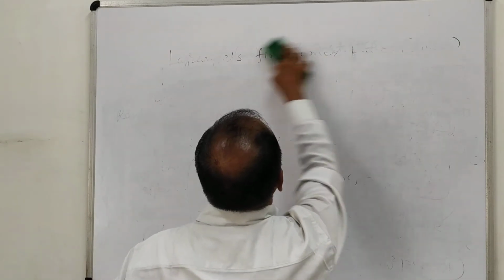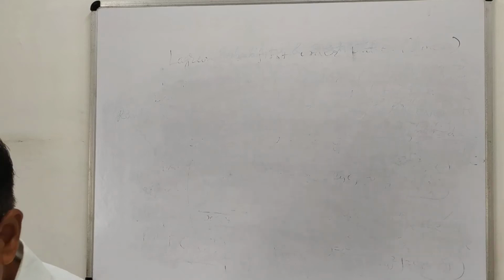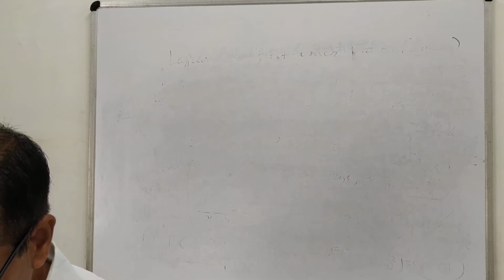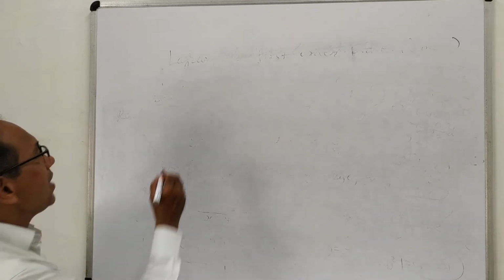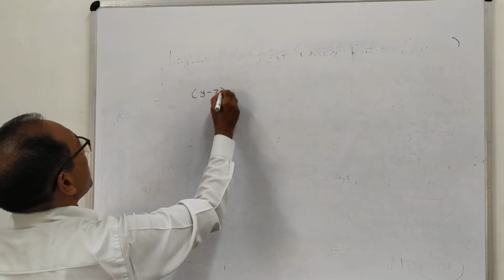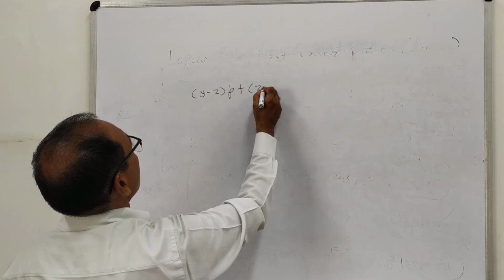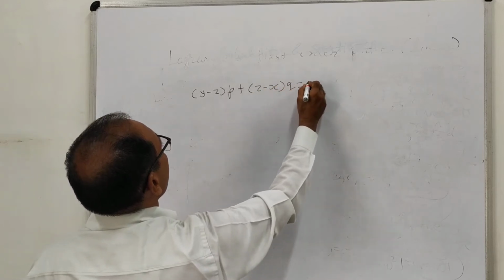Now we will go for another equation in which we will make use of the method of multipliers. So (y minus z) into p plus (z minus x) into q equal to x minus y.